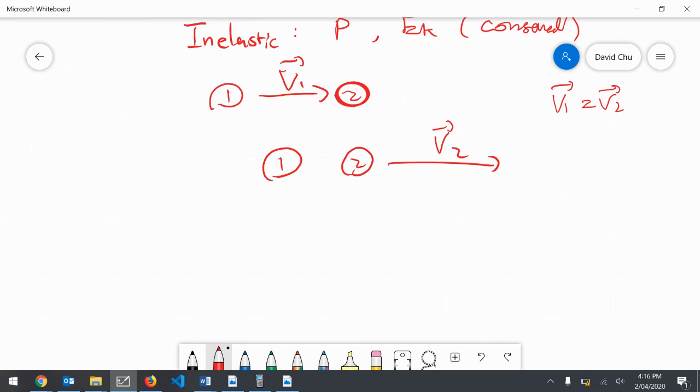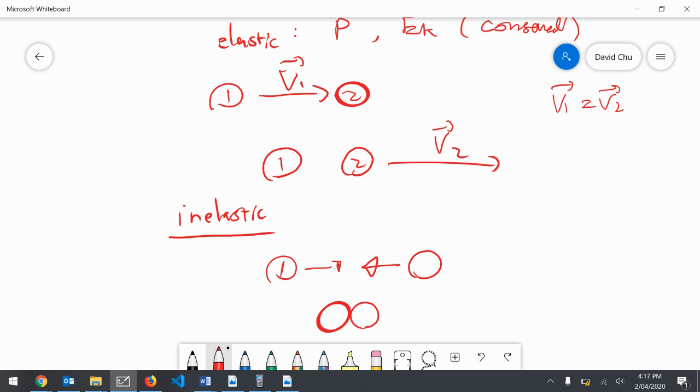Apologies, this is actually an elastic collision, since elastic means you're retaining the kinetic energy. What you have, on the other hand, is inelastic collision. Inelastic collision is when there are different cases. You can have the two of them going towards each other and they stop.